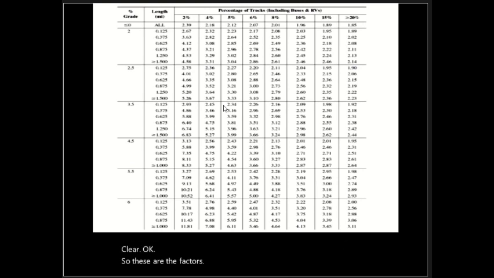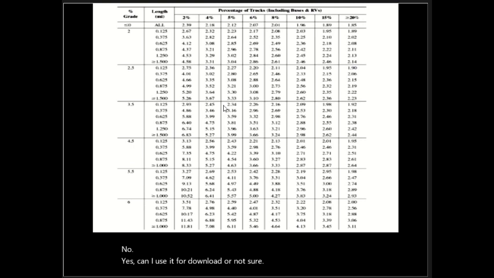So we said gradient can be upward and downward, right? This table is for what? Upward or downward? It's upward. Okay. Can I use it for downward? No. Yes. Can I use it for downward or not? Sure.